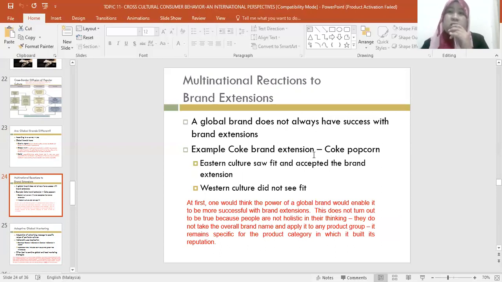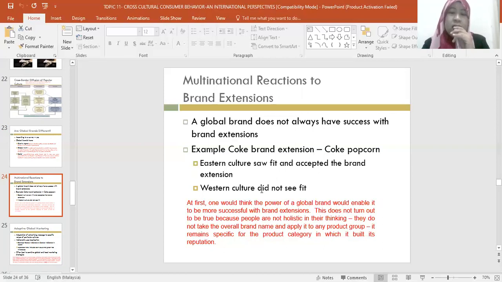If you go to the cinema, TGV for example, GSC, you drink Coke, it must be together with the popcorn. But I do not know whether they have the Coke brand. The drink of course is Coke, but the brand for the popcorn mostly comes from the cinema itself, right? But in here they said they have the Coke brand with the Coke popcorn.